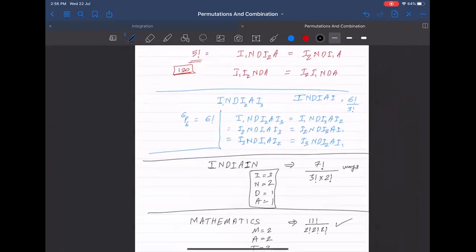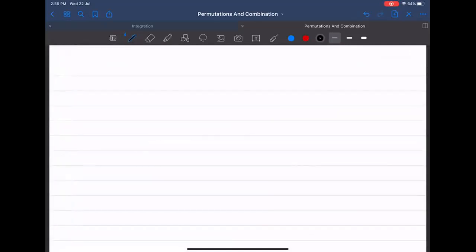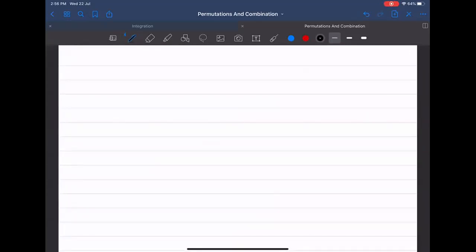Okay, I think we are ready for its variations. Now let us understand the variations in this. Let's take the word commerce, or rather Mississippi, which is a great word.